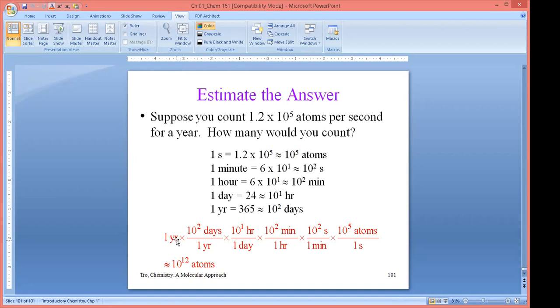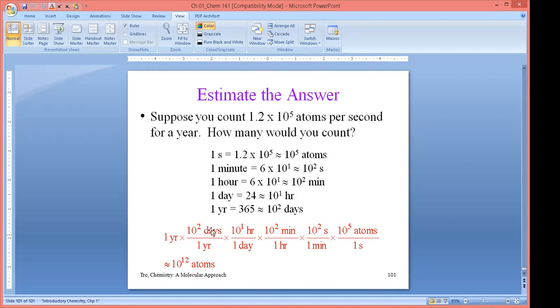And this is a good example though here, right? So we're going from years to seconds, right? 1.2 times 10 to the 5th atoms per second. How many for a year? So this is a good one where it has a lot of units that you need to set up to cancel. So 4 years is what they gave us, but the unit up above was per second, so they don't line up.